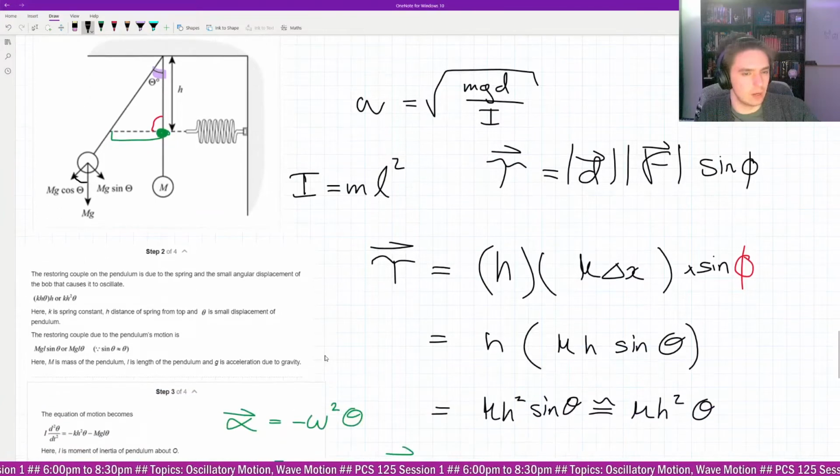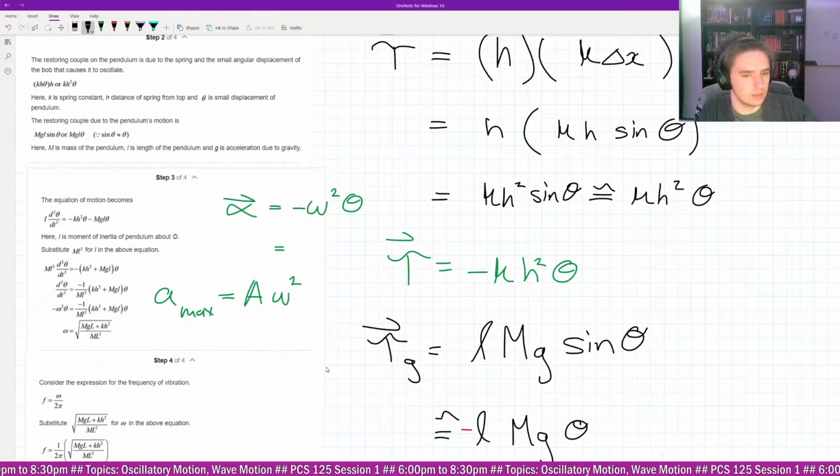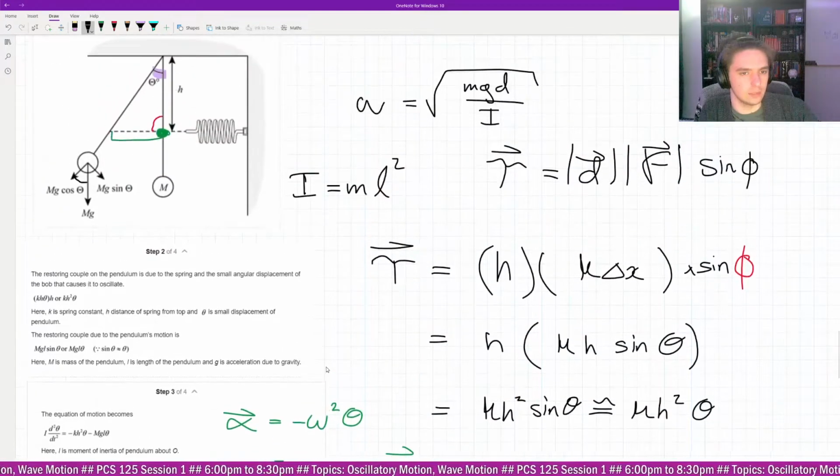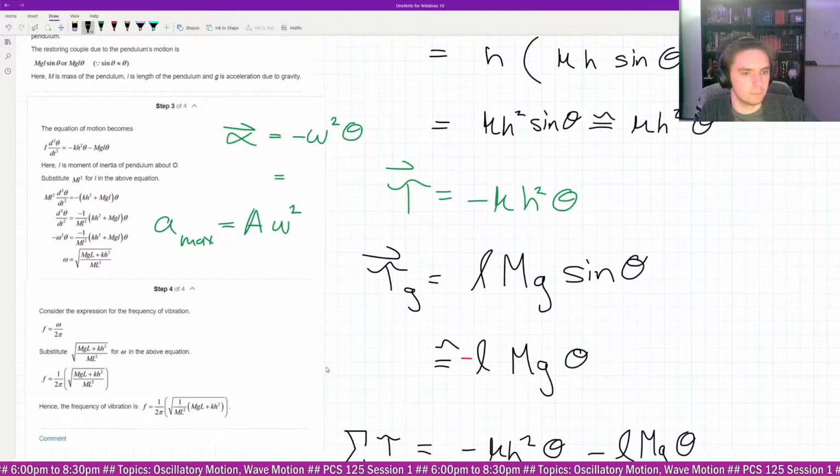Is that because of small angles? Possibly because of the small angles. But I guess that's how they find this. But then A is theta. Amplitude is theta. Yeah, I guess so.